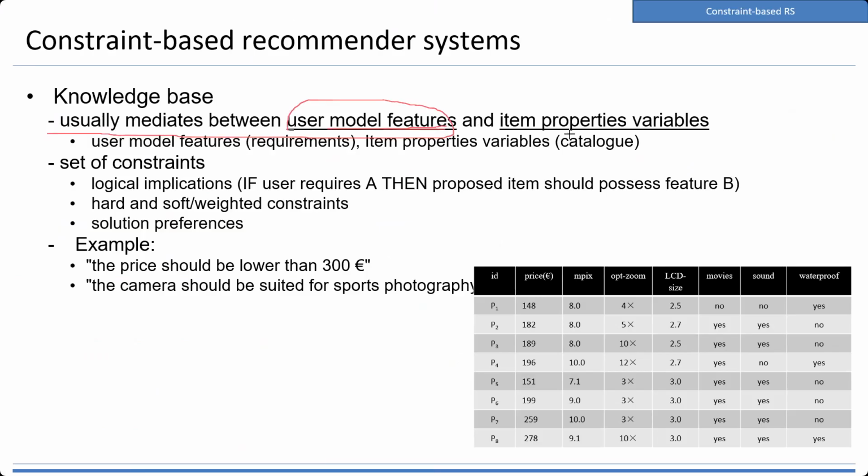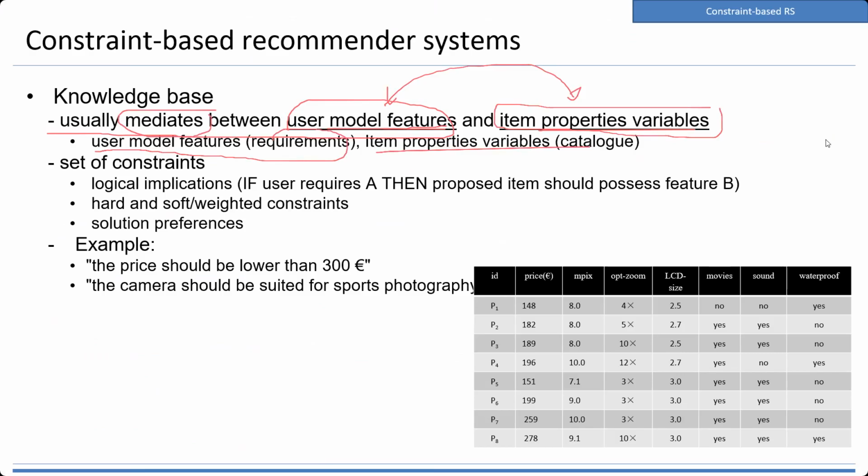And we will look at the item variables or the item properties. And this is the mediation. Mediation means we want to compare the user features and the properties of the item. So the user model features, which are the requirements, we will look at the catalog. The catalog is the item properties variables.